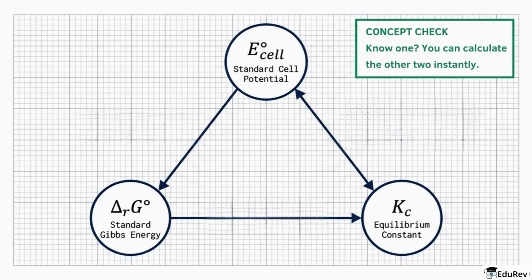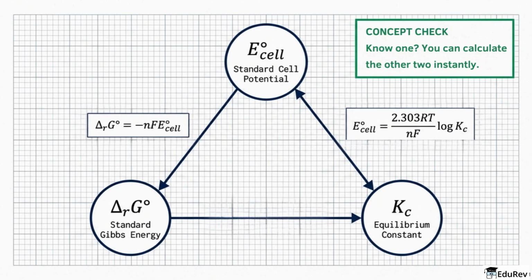The triangle on this page is the heart of the chapter. If you know any one of these three quantities, E naught cell, delta rG naught, or Kc, you can calculate the other two. The three relations are delta rG naught equals negative nF E naught cell.